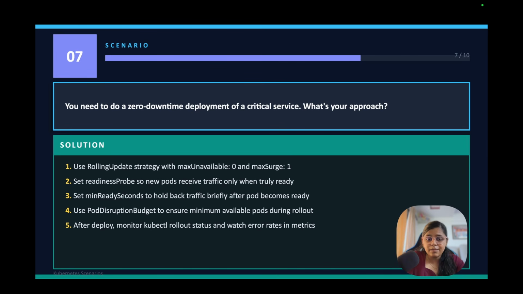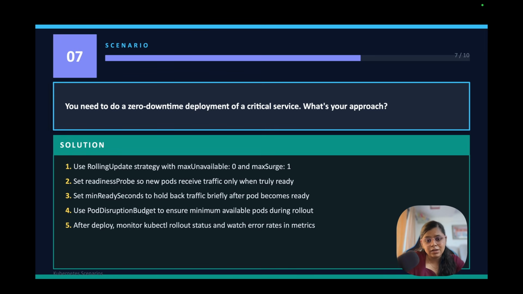In case of maxUnavailable equal to 0, what we are defining is that we must have at least one old pod before creating another new pod, which means that at least one pod is serving the traffic. That's it.